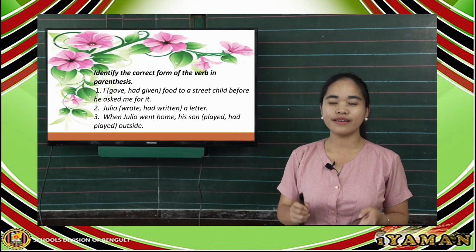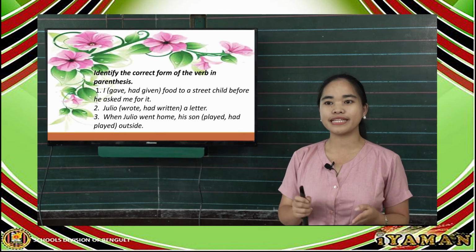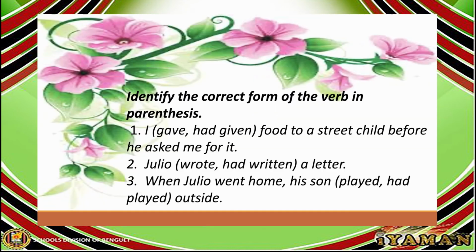Okay, so I have here 3 sentences for you to do. I would like you to identify the correct form of the verb in the parentheses. So let's have number 1. I had given food to a street child before he asked me for it. What do you think is the correct answer? You're right if your answer is had given.